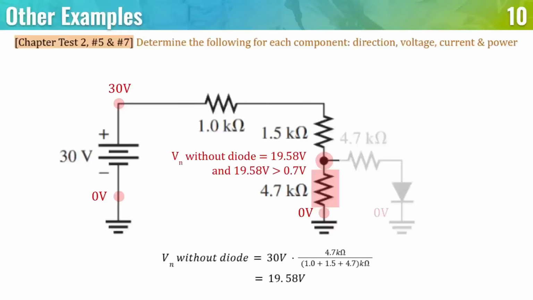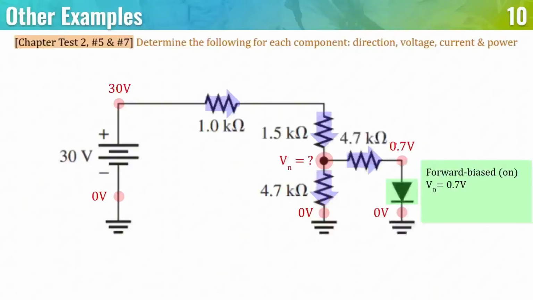So again, why 0.7 and why not negative 0.7? It's because here we have the ground and the voltage drop is going this way. So 0.7 must drop to 0. So this condition is satisfied, and we can now mark this node as 0.7. From here, we can now compute the actual node voltage now that this is on.